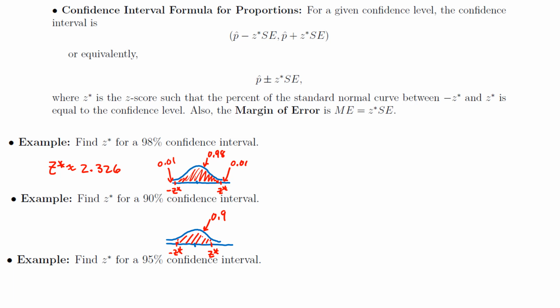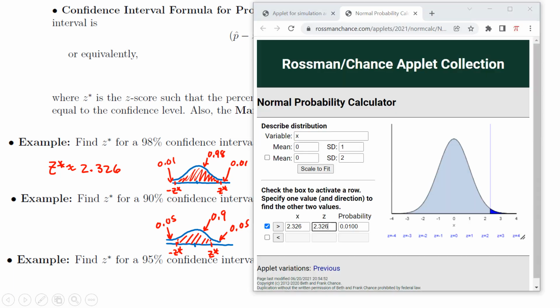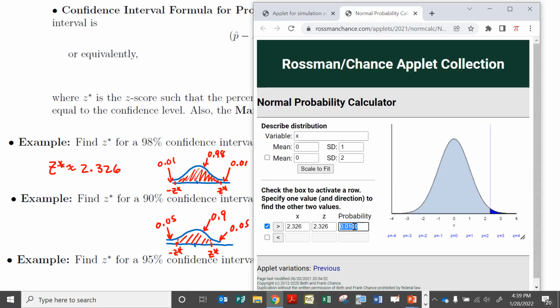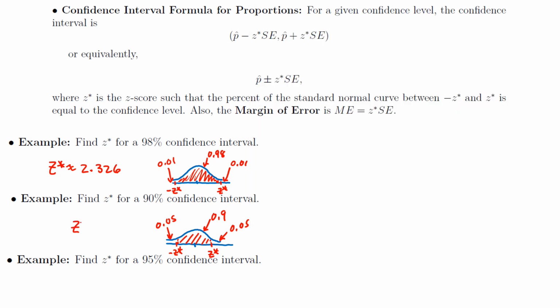So that means we've got 10% left, so split between the bottom and the top should be 5% each. So 5% plus 90% plus 5% gives me a total of 100%. And so in my calculator now, my probability that I want to the right is 0.05. So 1.645 is what I get for a 90% confidence interval.